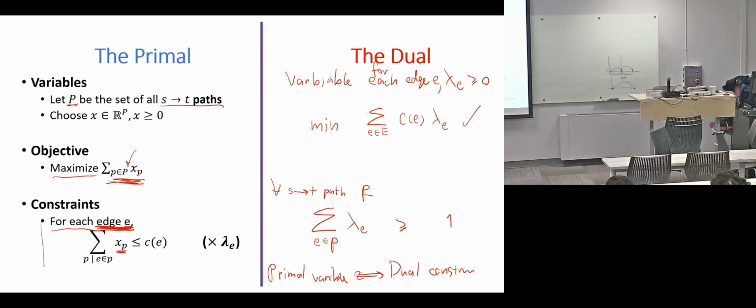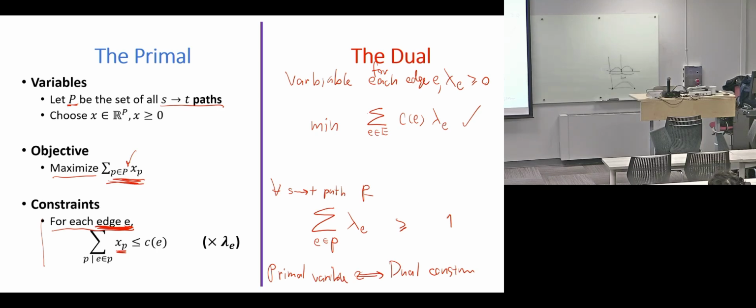I just need to ask, for each fixed path p, when you sum over all constraints, for every edge, when does xp appear in each constraint?